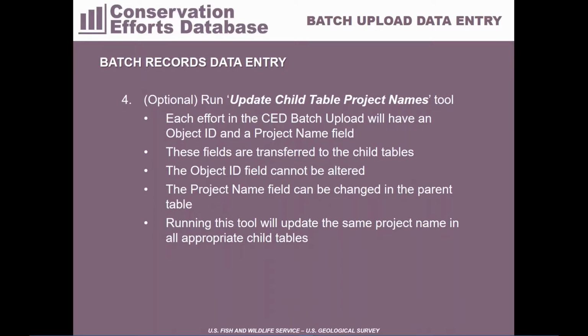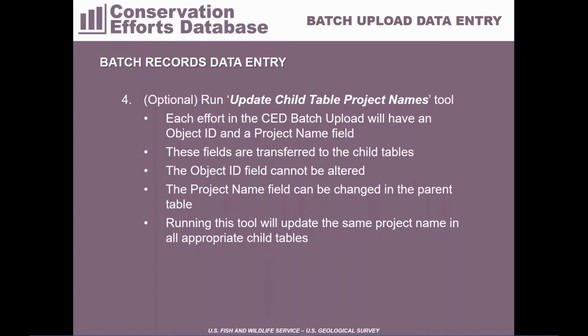So as we talked about before, when filling out the child tables, each effort in that CED batch upload parent table will have an object ID and a project name field. These fields are transferred to the child tables to aid in the data completion process.